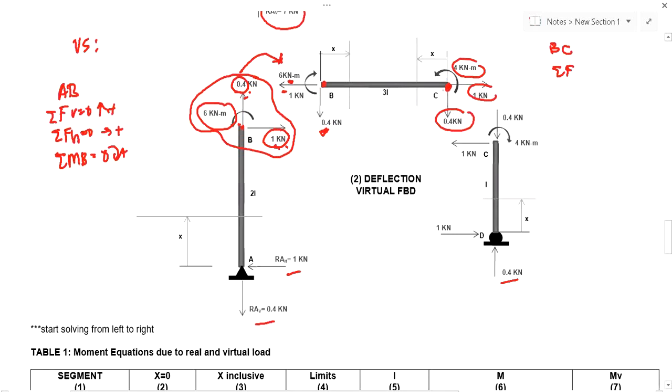This is not downward. This is upward. Okay? Since B is downward, C should be upward. Okay? Kindly check this. This C is upward. Okay? And the 6 is clockwise. When you take moment here, remember, we still have 0.4 times the distance. Okay? When we take moment here, it will be 4 kilonewton meter. And summation forces horizontal, 1 to the left, so 1 to the right here at C.